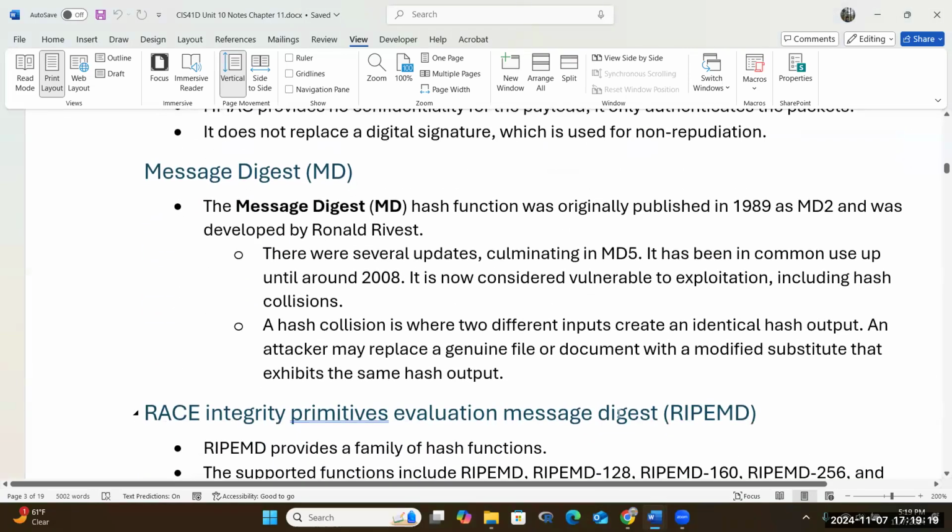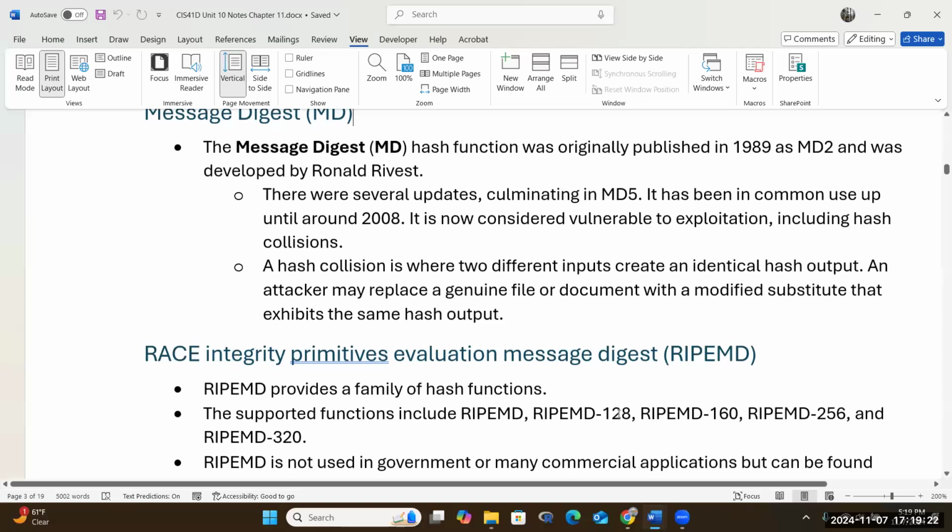And then your MD, this was created by Ronald Rivest. Hash collision is where two different inputs create identical outputs. So this is where you see with SHA-1 that it has a hash collision problem. So if they can modify or substitute, they can generate a hash output, and that's how we can crack it, right?